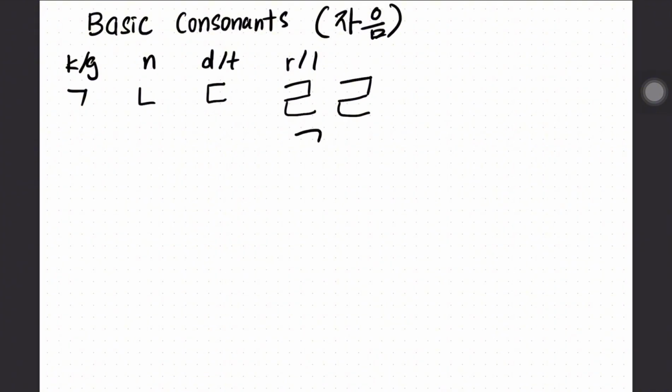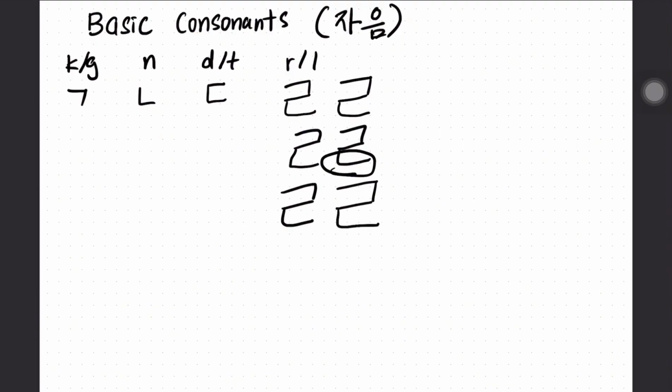If you write it continuously, it can be 1, 2, 3, 4, 5. But since this is continuous, I will call it 1, 2, 3, 4. One last time, 1, 2, 3, 4. This is our rieul.